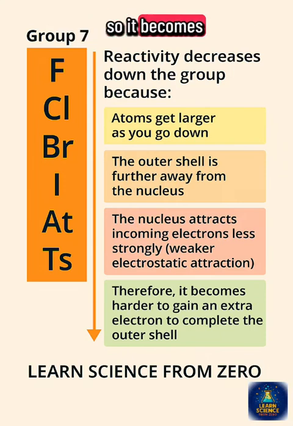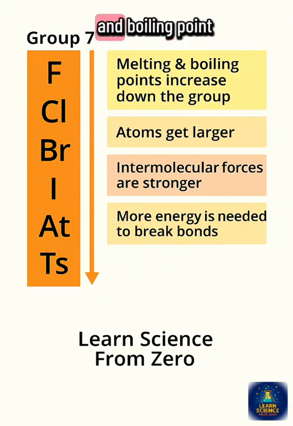So it becomes harder and more difficult to gain that one electron as you go down the group, making it less reactive.